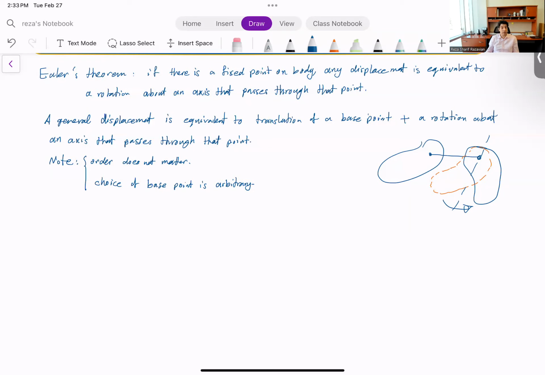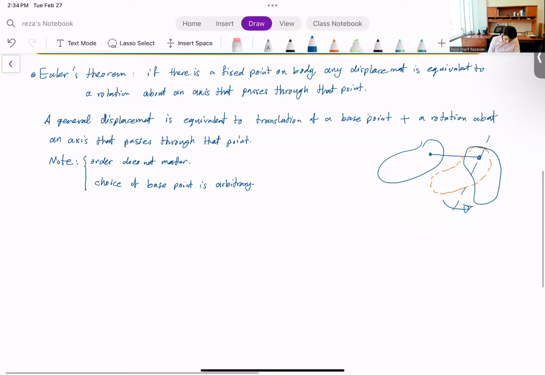And that's interesting because you can choose any point, and it is possible to find a point such that when you translate it and then rotate your body around that, the translation and axis of rotation are parallel. So it is possible to do that. And it is actually a theorem.